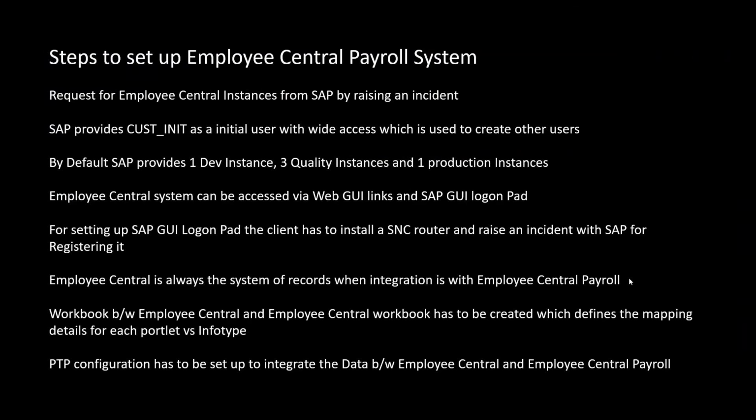The relationships and all that will not be created in Employee Central Payroll. I'll repeat it again: your relationships, I mean HRP1001, 1000, all those things will be out of scope for Employee Central Payroll. You cannot replicate OM from EC to Employee Central Payroll.